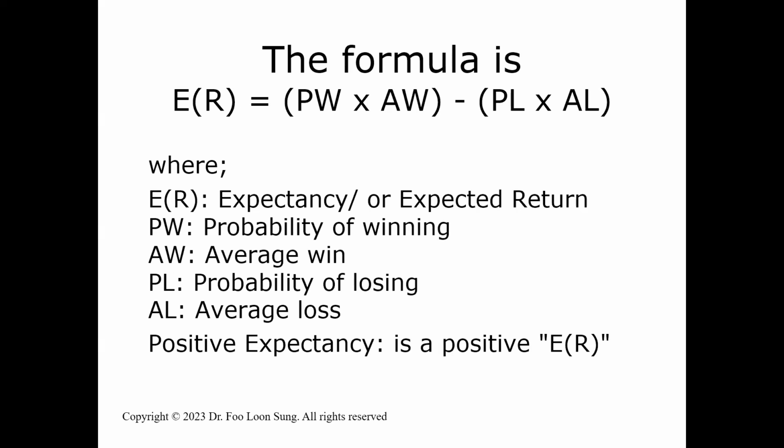At the end of the day, if you do not have a positive result, then you are not making money from the market. As simple as that. So every dollar you put in, you lose more than $1, which is negative expectancy. So the whole idea of trading, you need to have a positive expectancy.